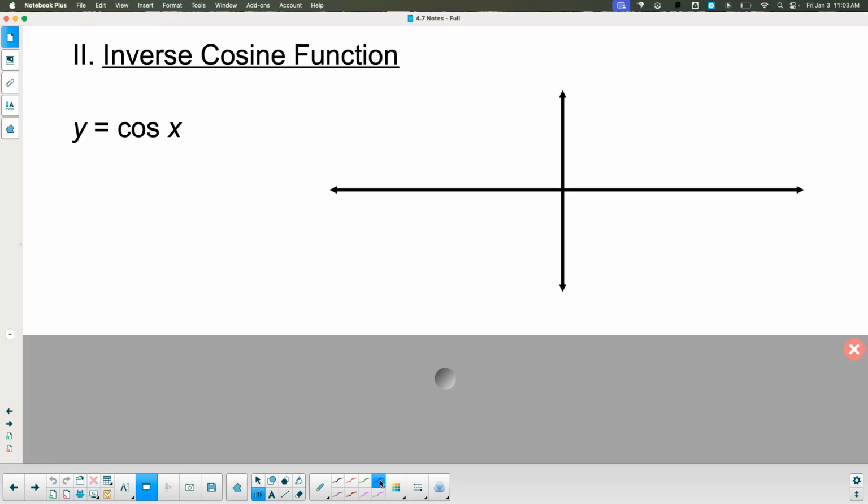Up at 1? Okay. So it starts up here, and so on and so forth. Okay. So this is 0, 1.